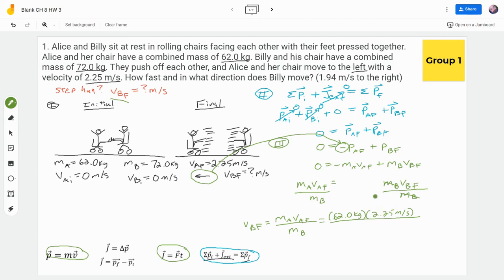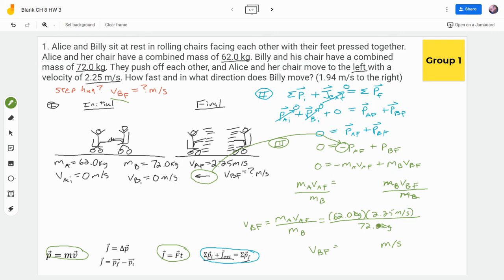And then don't forget to divide by M sub B, which is 72 kilograms. So if you do all of that and you do it correctly, let me point out, kilograms times meters per second divided by kilograms, well, the kilograms will cancel. So this is going to leave us with something that has units of meters per second, which is what we want.